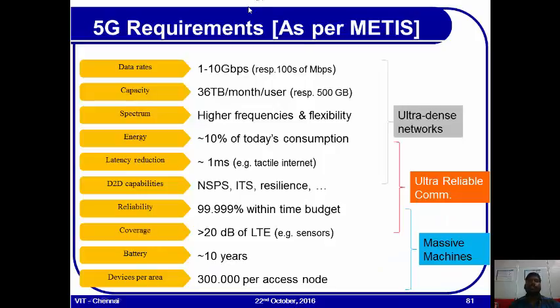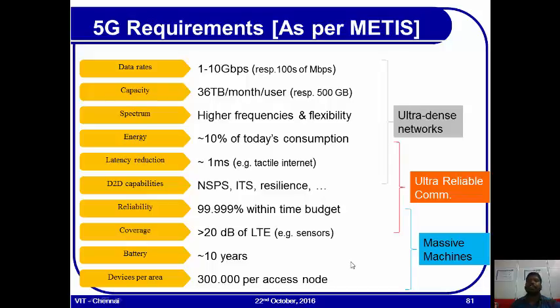So the data rate in the order of 1 to 10 Gbps, capacity 36 terabits per month per user, that is 500 GB minimum. Spectrum, high frequencies and flexibility, energy 10% of today's consumption, latency reduction 1 millisecond, tactile internet, device to device connectivity, resilience, reliability 99% within time budget, coverage greater than 20 dB for LTE, battery that is 10 years, devices per area that is to be 300 per access node.